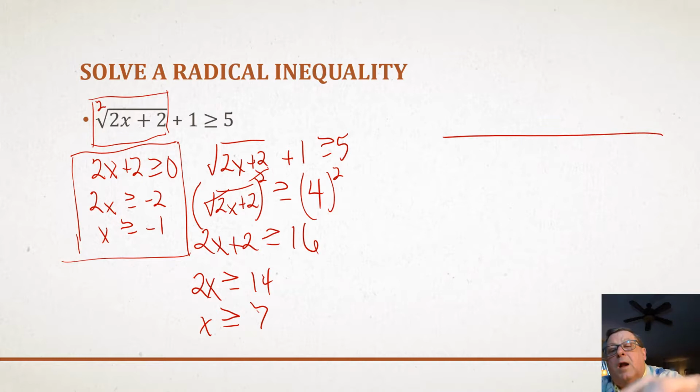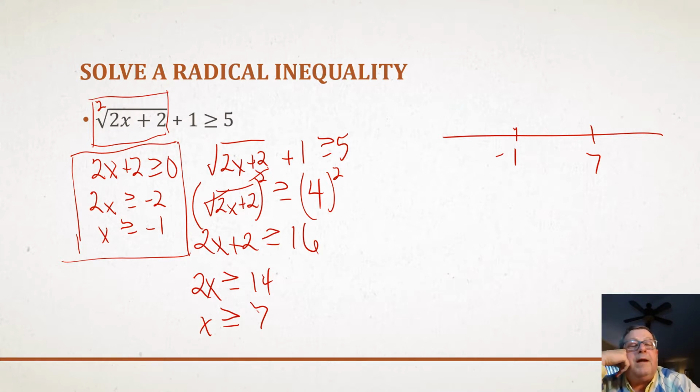Now I'm going to set up a number line, and I'm going to put my 2 test points on there. I got negative 1, and then I've got 7. And so I've got 3 intervals to test. And so I can test any number first that is less than negative 1. Well, if I just stop and think about that, if x has got to be greater than or equal to negative 1, it wouldn't matter what number I put less than negative 1, it's going to cause that radicand to be negative, and I can't take the even root of a negative number.